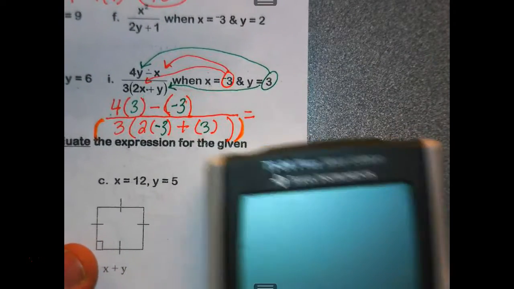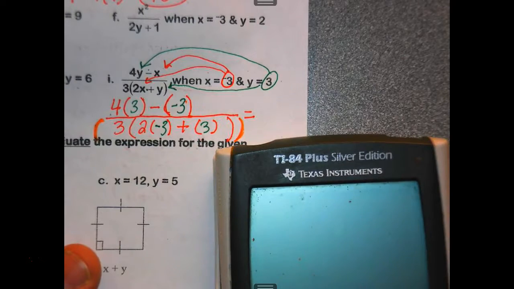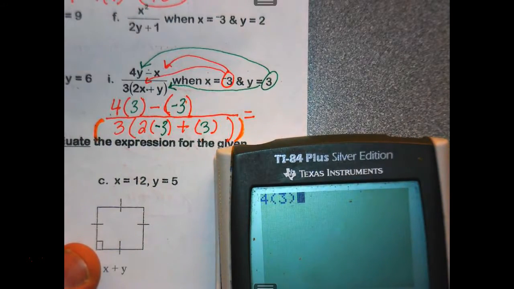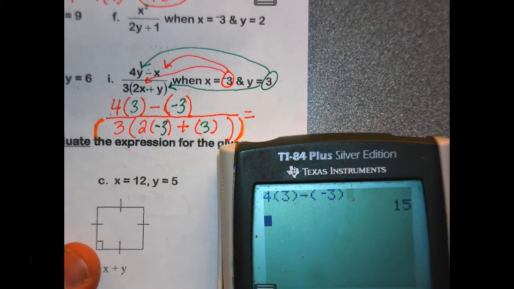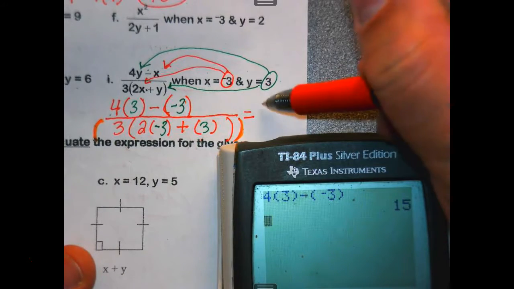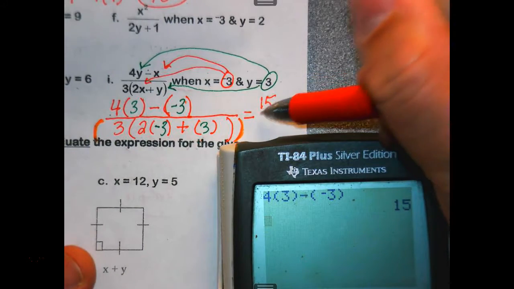Let's do them separate. So 4 times 3 minus -3. Enter. I get 15 for my numerator.